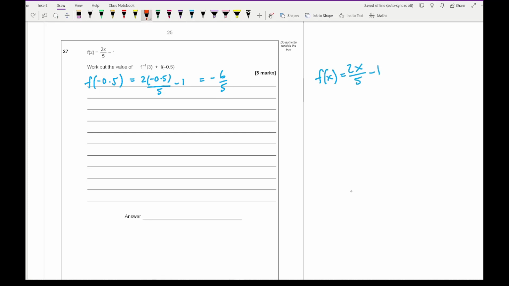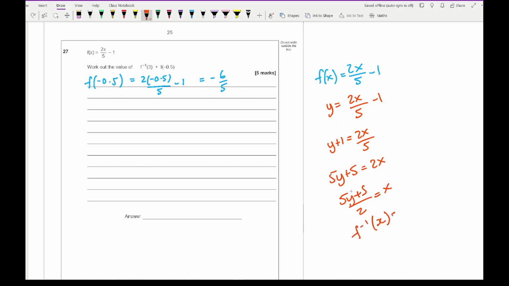Again, make the function equal to y, and then make x the subject. So I've got y plus 1 equals 2x over 5. I've then got 5y plus 5 equals 2x. And then 5y plus 5 over 2 equals x. So the inverse function of x is going to equal 5x plus 5 over 2.